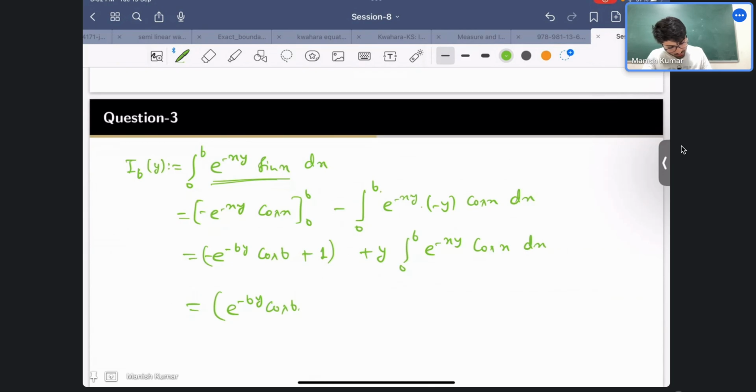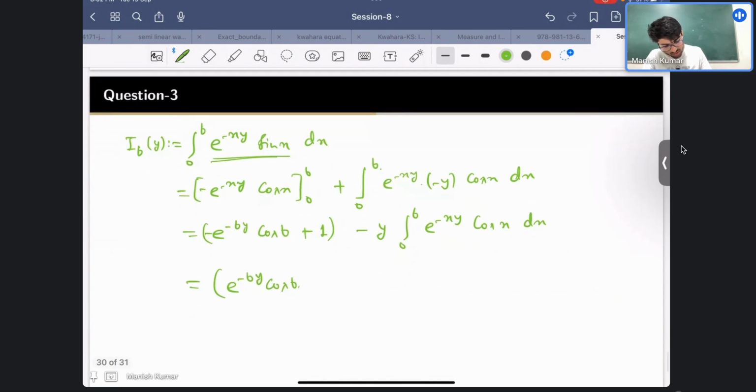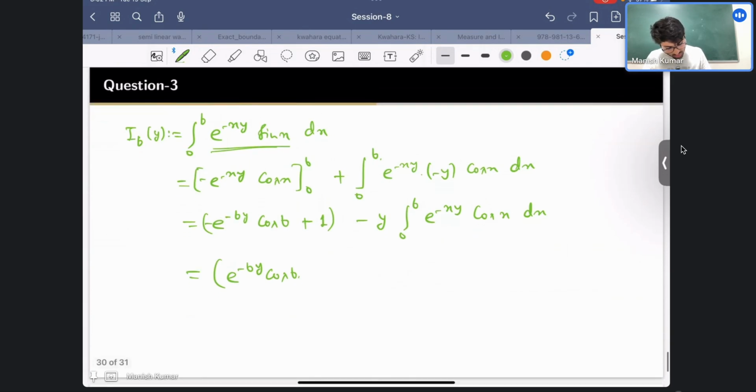Otherwise if I integrate it again, there will be a problem. The integration of sin is minus cos, so this is minus cos b plus 1. Now you can rewrite this as 1 minus e^(-by) cos b, and this minus, again use the integration by parts.